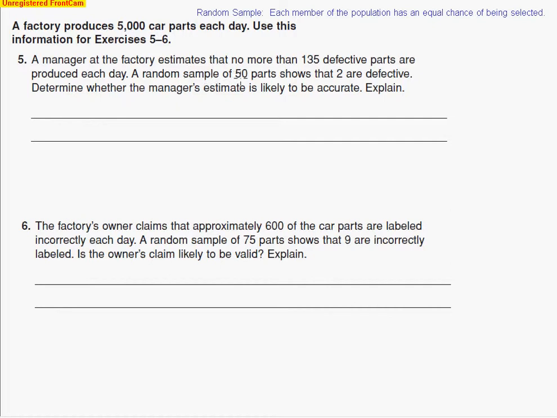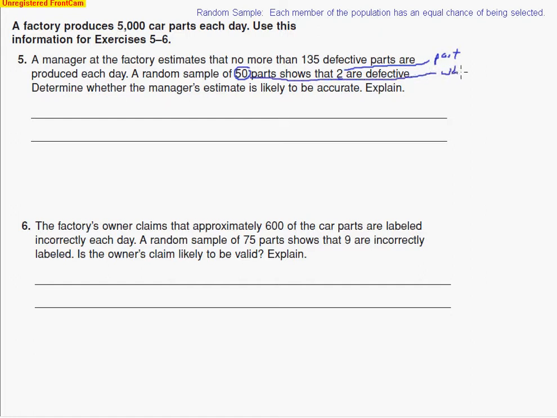And we found that 50 parts, that was the amount that was sampled, show that 2 are defective. So let's find out the percentage from this random sample. We're going to take the 2 and use this as our part, and we're going to find a percentage. The 50 is going to represent our whole.